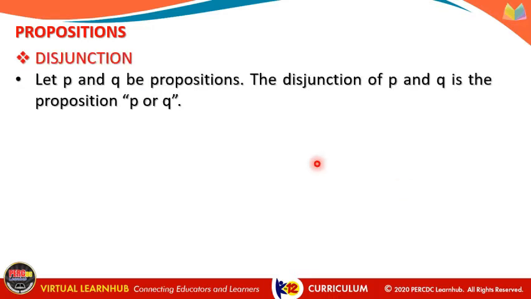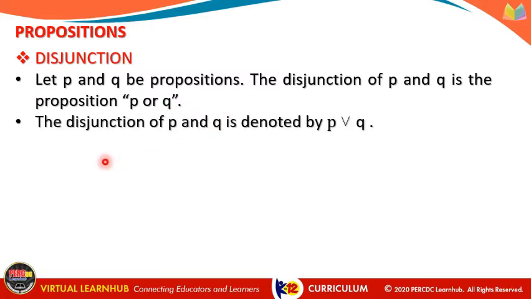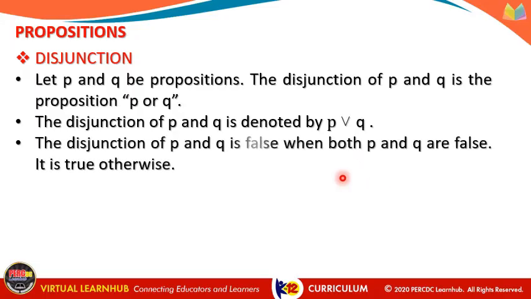Next, we have disjunction. Let P and Q be propositions. The disjunction of P and Q is the proposition P or Q. In terms of symbolic illustration, the disjunction of P and Q is denoted by this. So this is P or Q. The disjunction of P and Q is false when both P and Q are false.